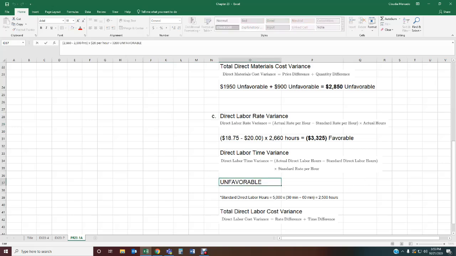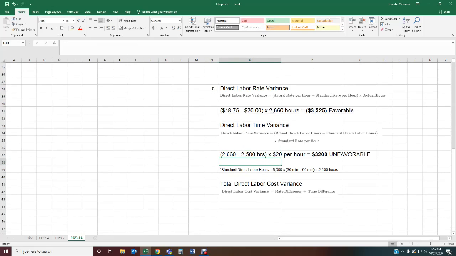Now, once we have those two calculated, we can calculate our total direct labor cost variance. Your total direct labor cost variance is basically your rate difference plus your time difference.